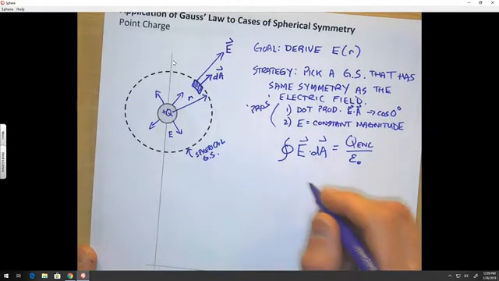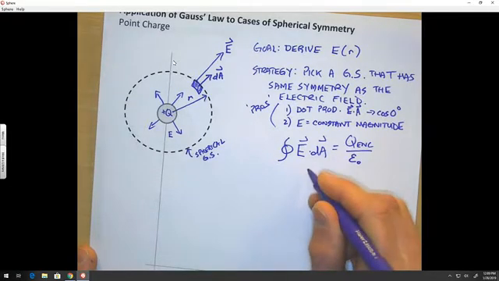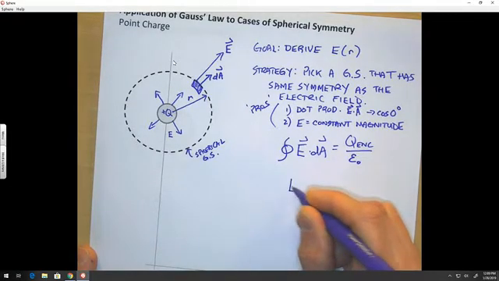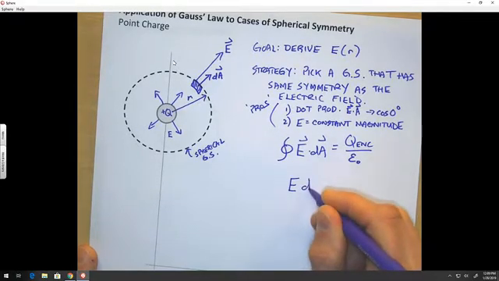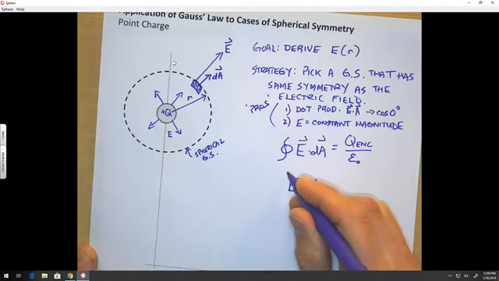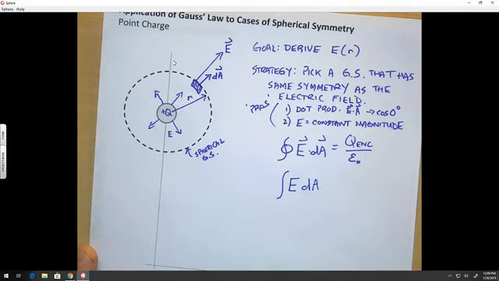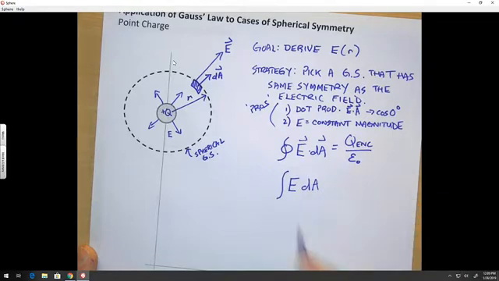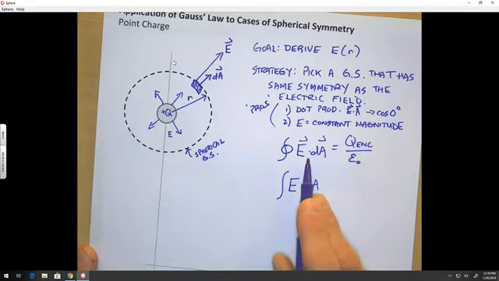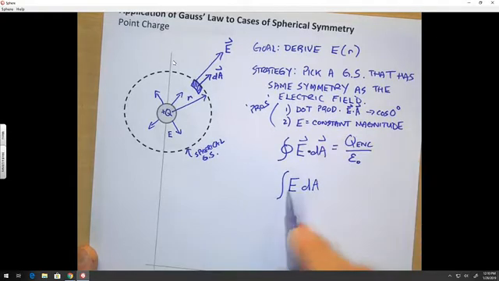And so I'm going to immediately do this. I'm going to take advantage and say that, first of all, that's the same thing as E times dA, and I remove the dot product. I remove the dot and I remove the vector hats because I don't really need them anymore.